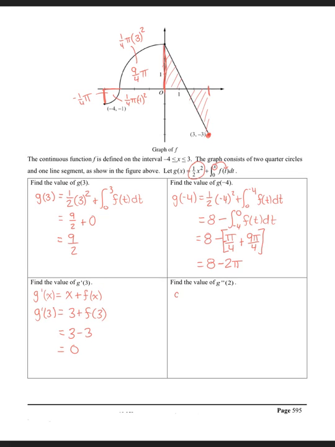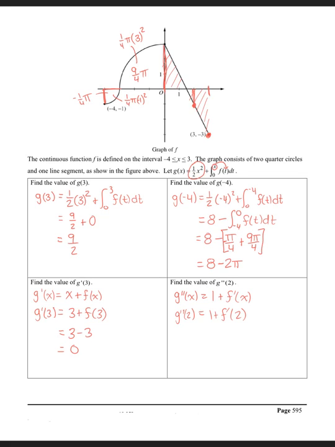To find g double prime, we take the derivative of g prime. The derivative of x is 1, and then the derivative of f of x. So if we want g double prime of 2, I have 1 plus f prime of 2. If you look at f prime of 2, what is the slope of that function?